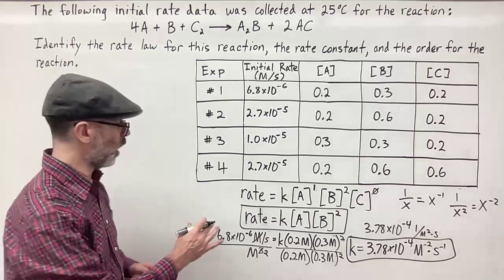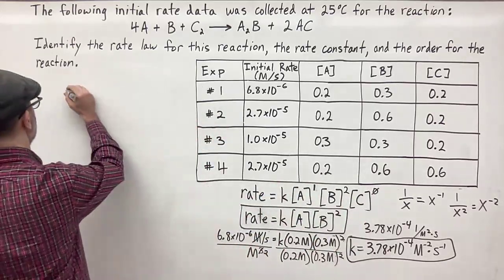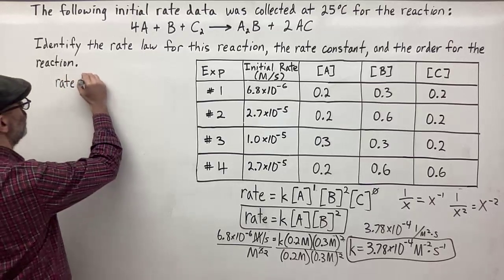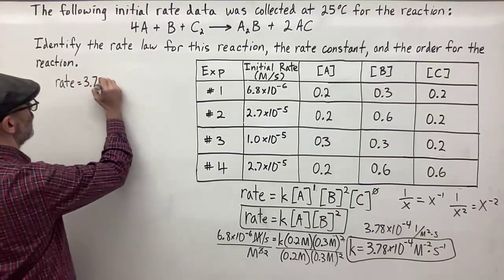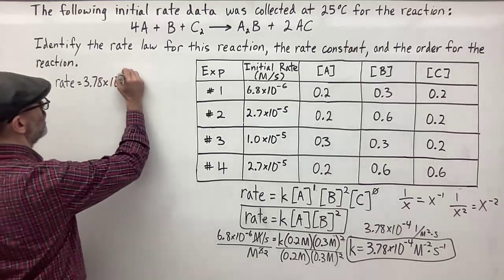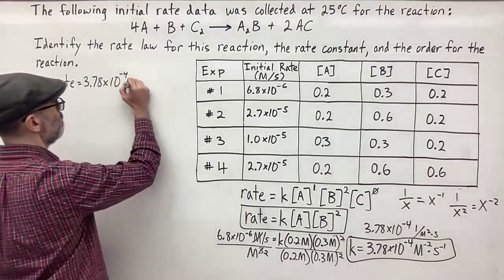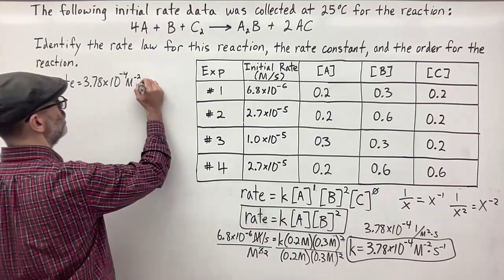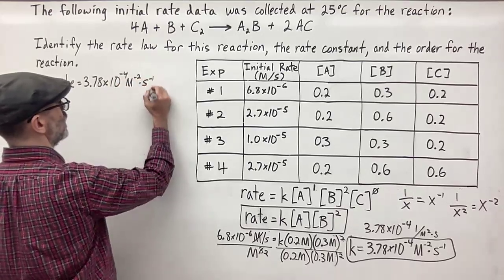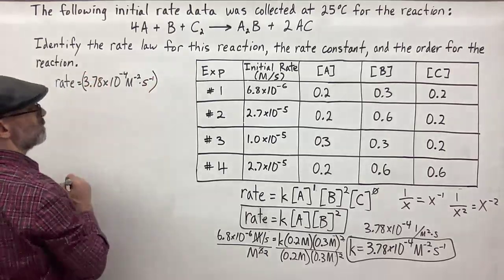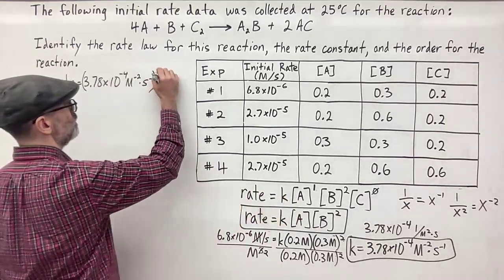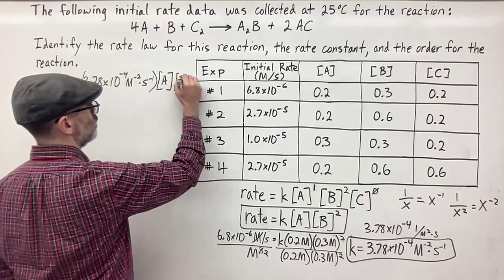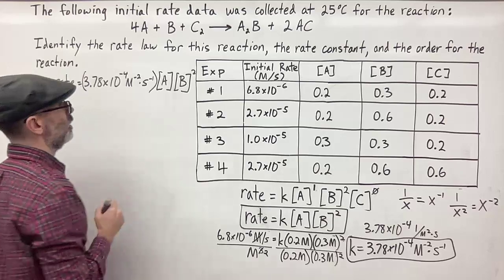So if we put that into our rate law now, our rate law becomes rate is equal to 3.78 times 10 to the negative 4 molarity to the negative 2 times second to the negative 1, and then multiplied by A, concentration of A, times concentration of B squared.